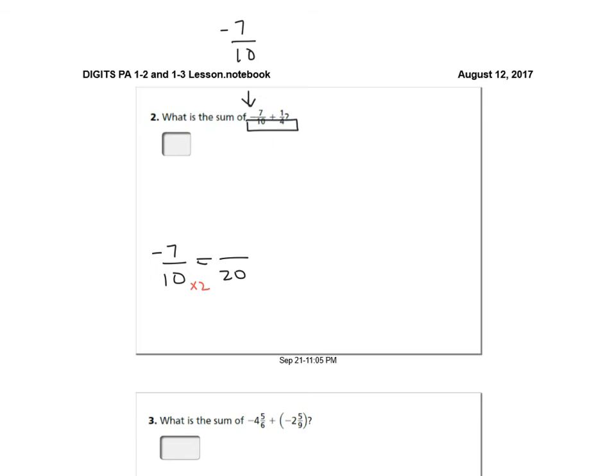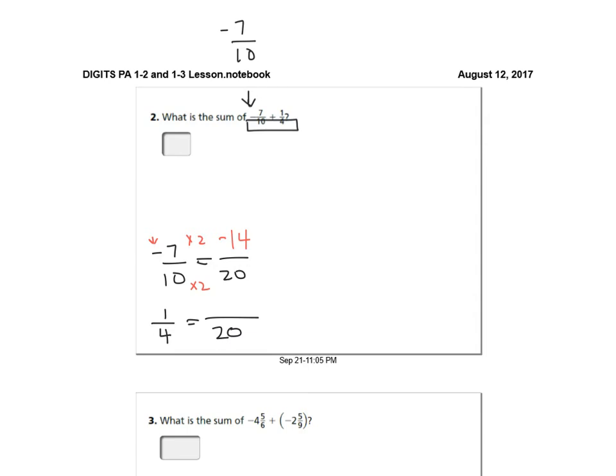So I also have to do that to the top, because whatever I do to the bottom, I also have to do to the top. So 7 times 2 is 14, and it's going to be a -14 because my 7 is negative. Then I have to take my 1/4, and I need my denominator to be 20.